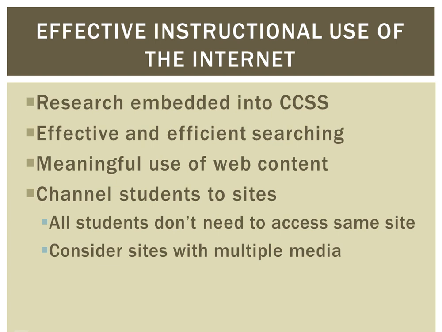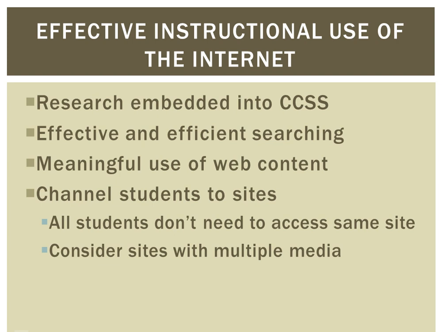Another thing to think about is using sites that incorporate multiple media, since you've got the tools and resources now to be able to do that. Specifically, you have access to video, you have access to audio, you have access to images in addition to the text.